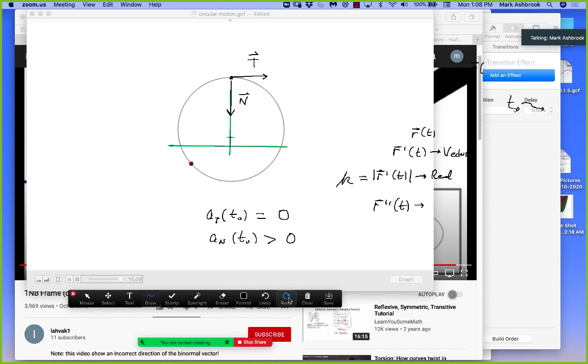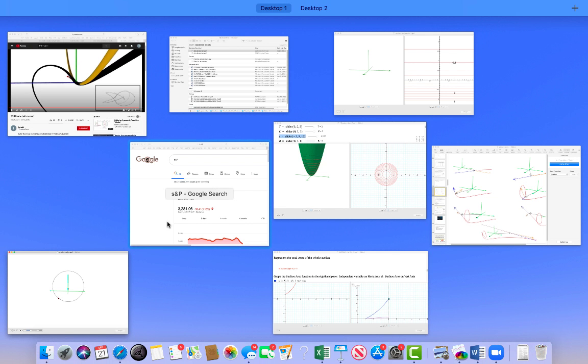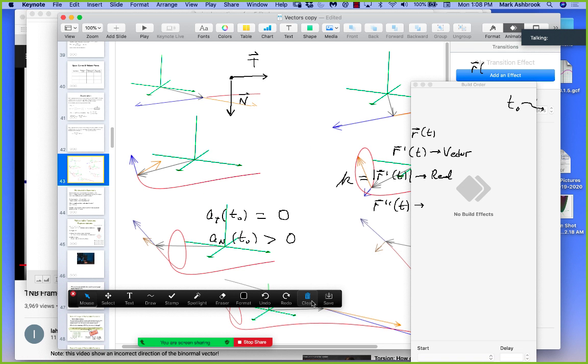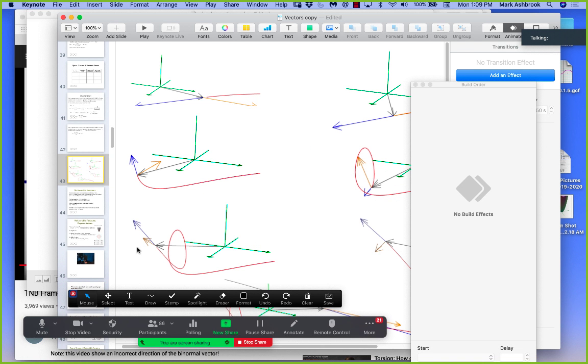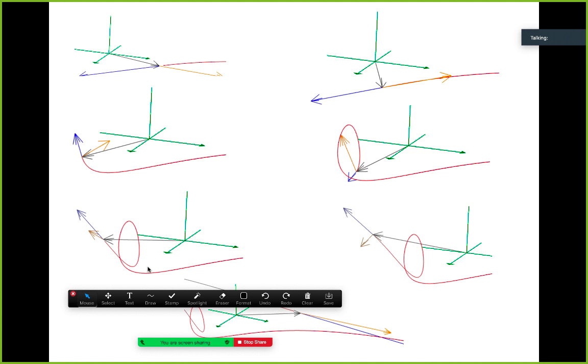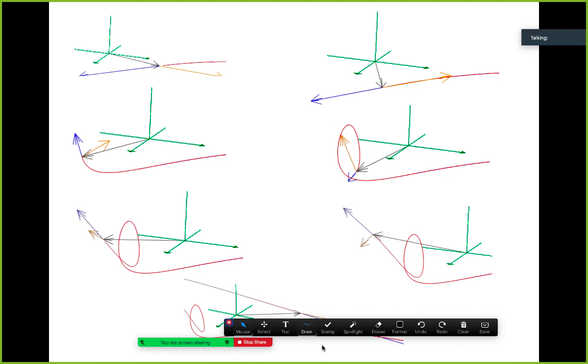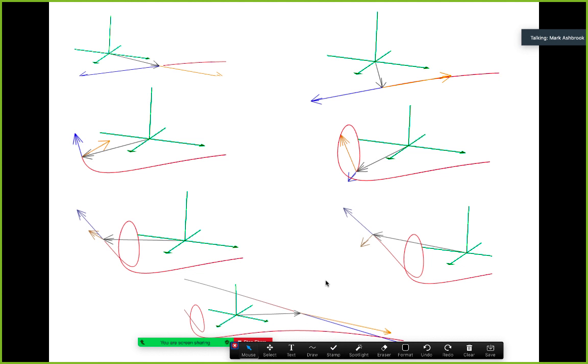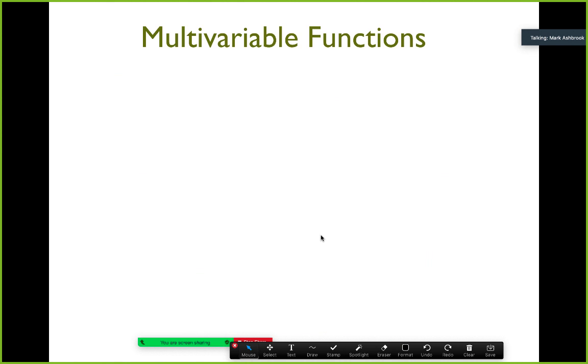Okay, so let's pause this and just summarize those formulas. We looked at the different components of acceleration last time with these drawings.